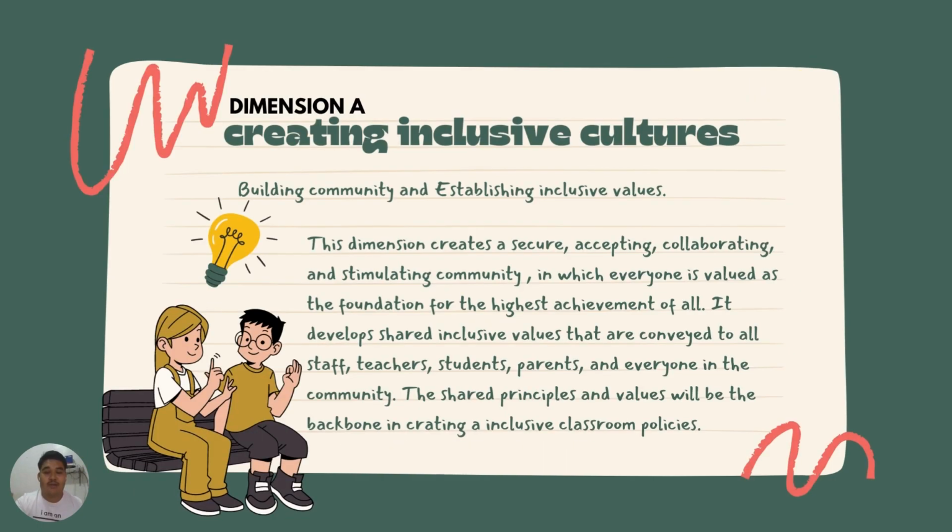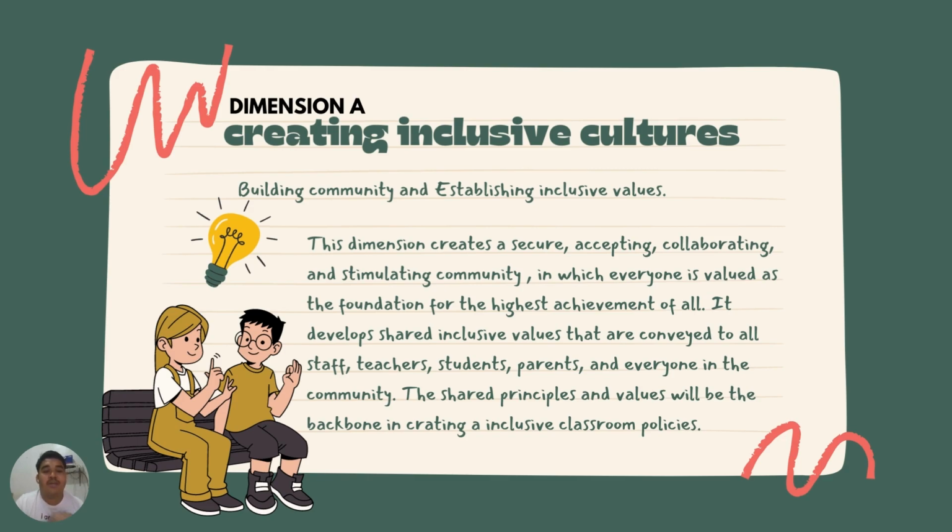All right, so let's start with dimension A. We have creating inclusive cultures, with sections A and B, which are building community and establishing inclusive values. This dimension creates a secure, accepting, collaborating, and stimulating community in which everyone is valued as the foundation for the highest achievement of all.